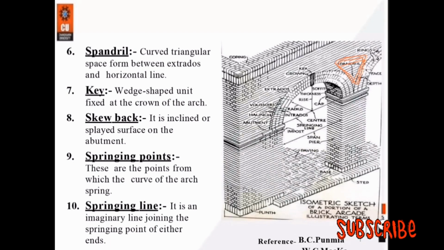The first brick is called skew back, from which point the arch starts. It can be horizontal or it can be inclined.